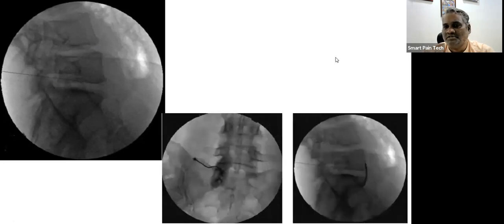You see the needle, the way you are aligning this needle, the needle becomes so curvy because it is hitting the bone so many times. And you see the spread, this is the linear spread. This is the same spread you can see when you are performing a celiac plexus also. This is a proper dispersion of the spread in the APB. So this is how you can get it.